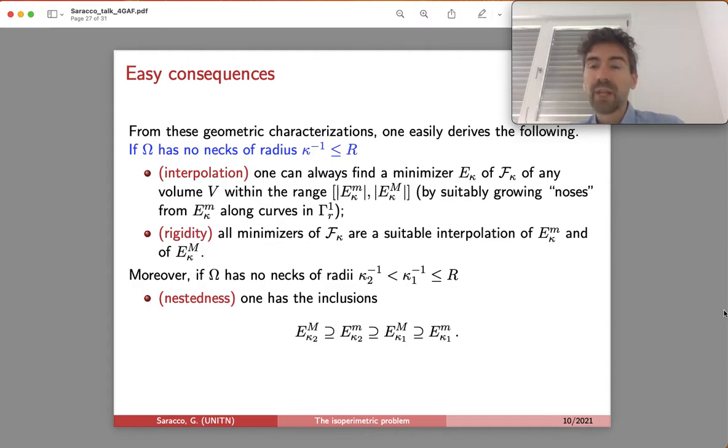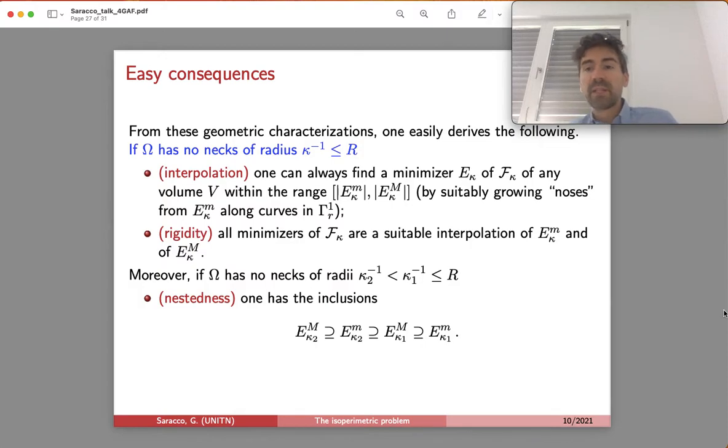This one contains the maximal minimizer corresponding to the smaller curvature between the two, which in turn contains the minimal minimizer corresponding to this second curvature. Okay, so we have these, say, nestedness, these boxing properties. We can box one minimizer into the other whenever we can apply the theorem for different values of kappa.